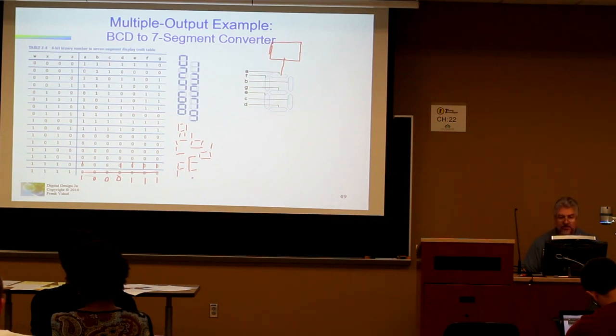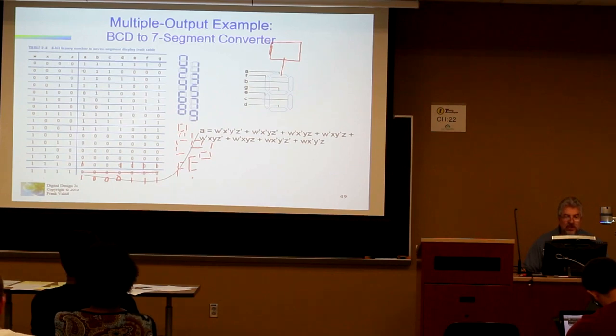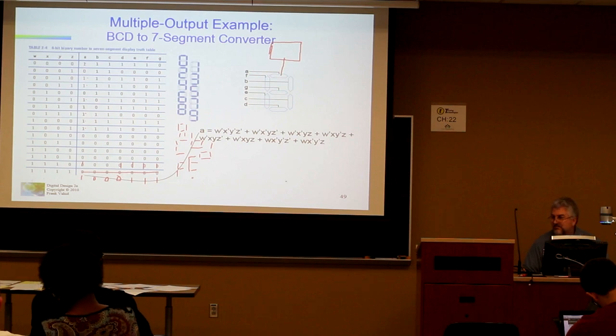Well, let's look at an example. You could light up A by saying, in which situations are these 1? 1, 2, 3, 4, 5, 6, 7, 8 situations. So we should have 8 terms. Pretty easy, right?